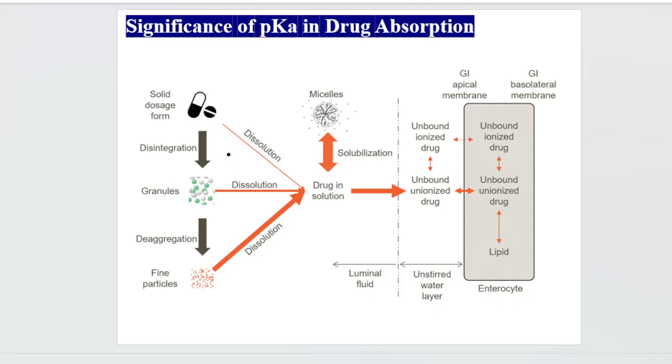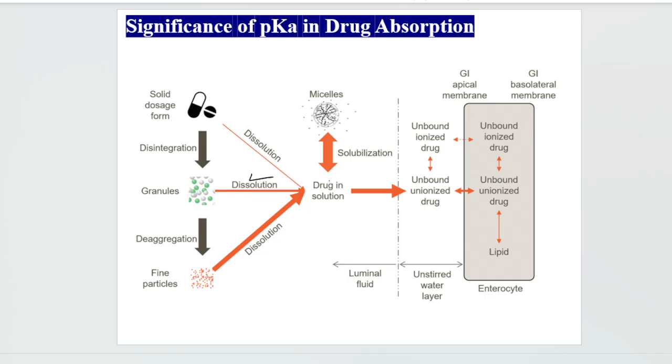Here you can see that when any drug is given by an extravascular route, whatever the route, suppose we are taking a solid dosage form, it goes into the GIT, there is a disintegration process, and then there is dissolution.